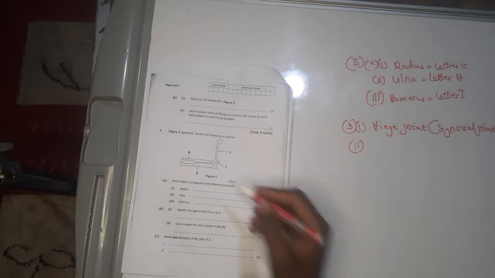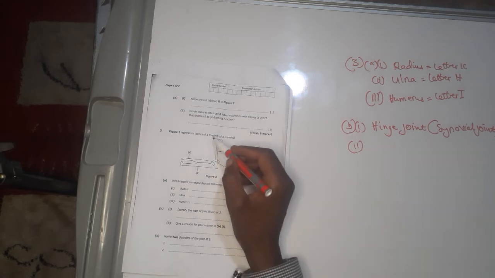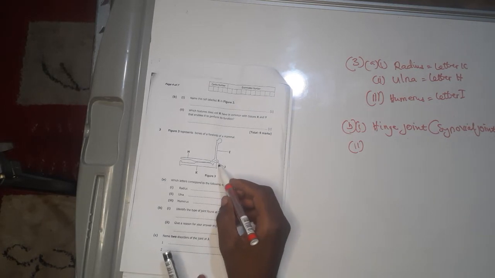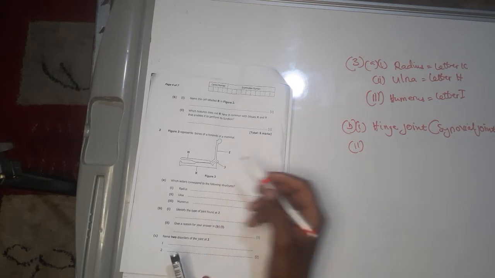Okay, we have said it is a hinge joint because the hinge joint is only found in the knee joint and the elbow joint, and this is the elbow joint. Remember, this is the forelimb, meaning the hand here. So the joint which is found at the elbow is called the hinge joint, or you can say the synovial joint.